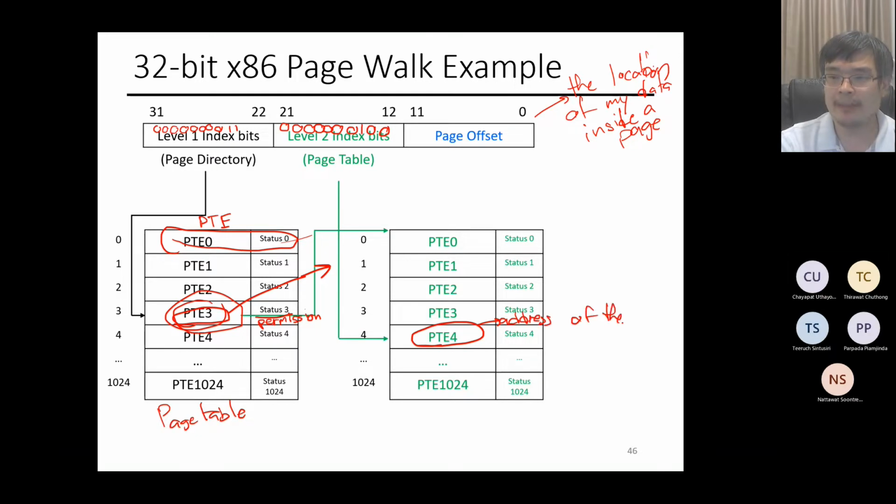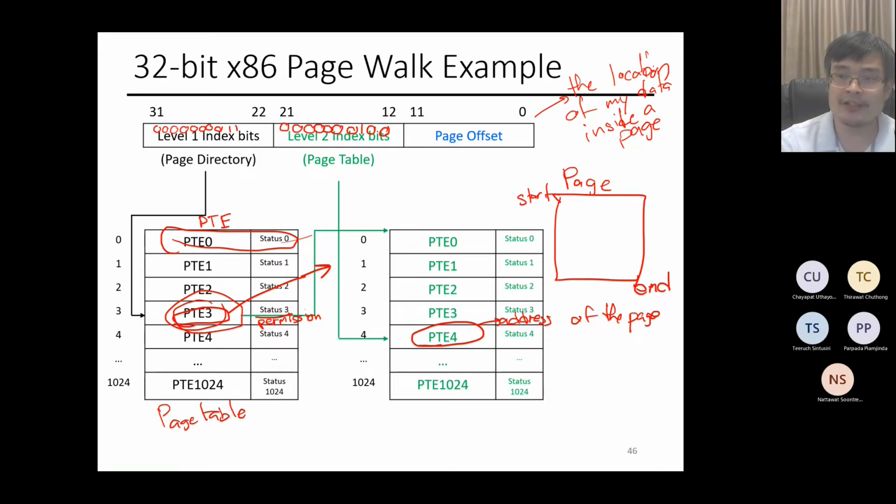of the page, right? So the page looks like this. This is your page. That's where your data is. It has some starting address, and it has the end address, the last address inside the page. And this is 4 kilobytes long, right?